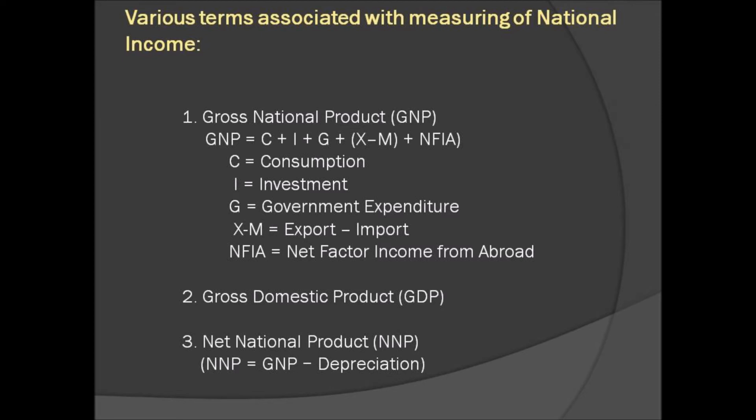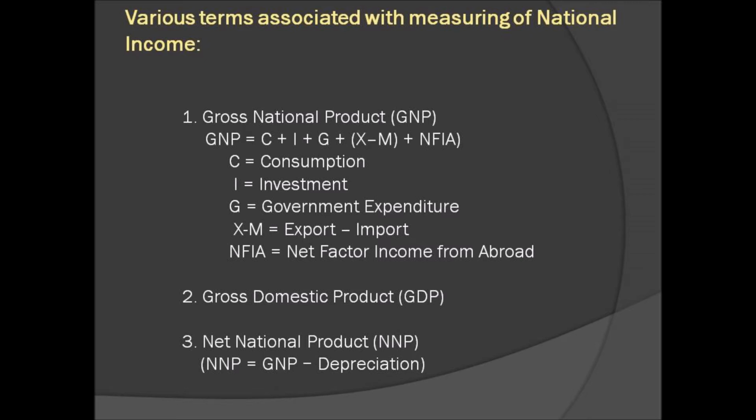The only difference is that net factor income from abroad is not included in GDP. Here, net factor income from abroad means the income earned by the citizen of the country who is present outside the country is also considered. But he must be a resident of India, that is, a citizen of India.